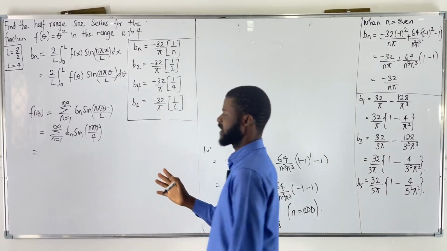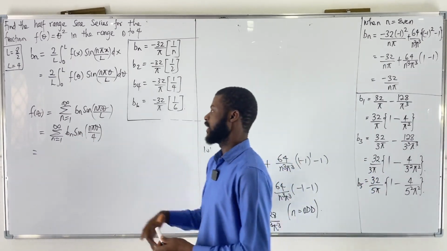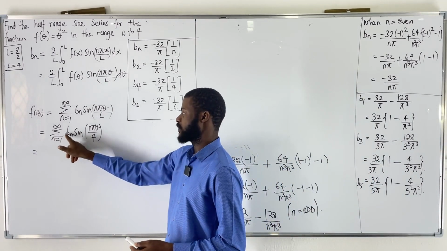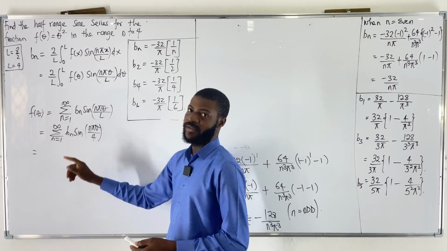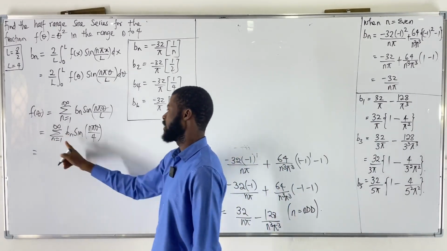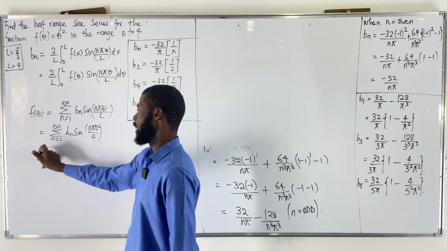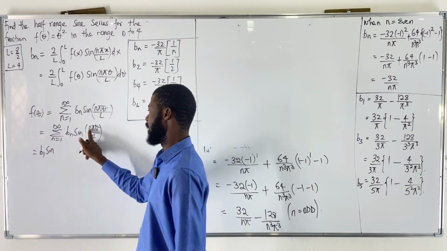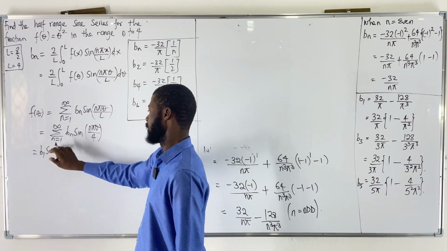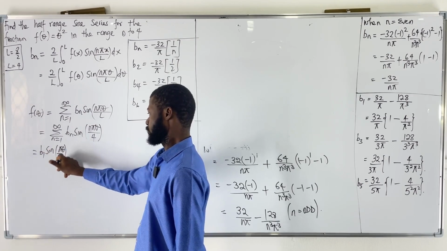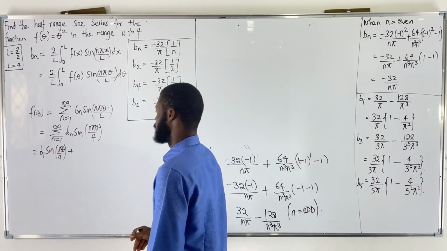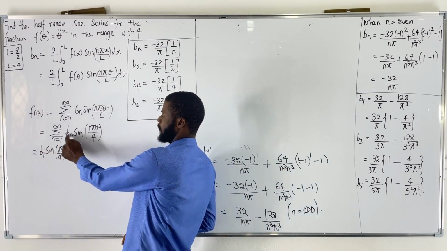Now, if you look at this expression, what we ought to do is to say we're going to get, when n is 1, this will be b1, when n is 2, b2, when n is 3, b3, just like that. So let's have when n is 1. This will be b1 sine, n is 1, right? So this will just be pi theta over 4. And then plus, next one, b2.